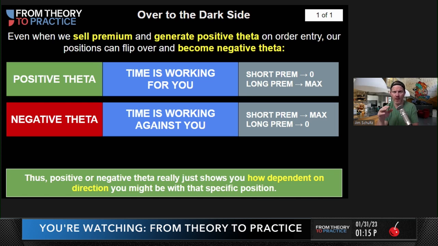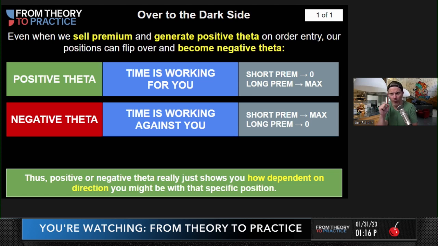But one final comment that obviously all of the overachievers have already read and interpreted, and maybe even applied in their own trading and portfolios, is that whether I'm positive or negative theta, it really shows me just how dependent on direction I might be, as we see down there in that green box. How dependent am I on direction in this position?